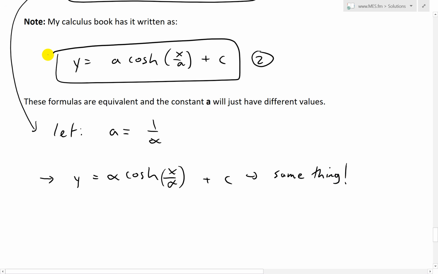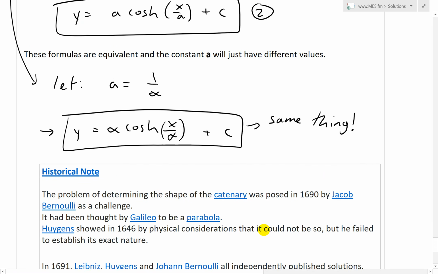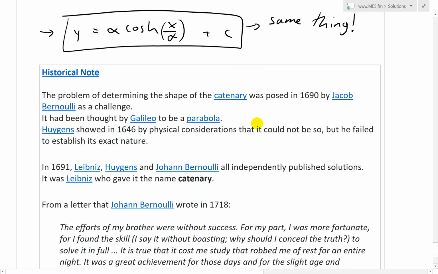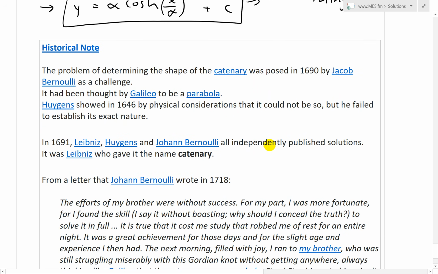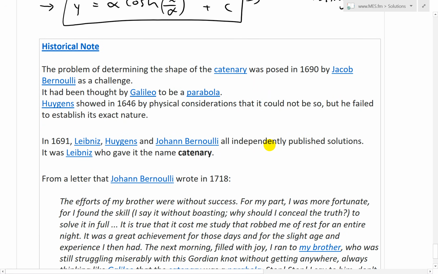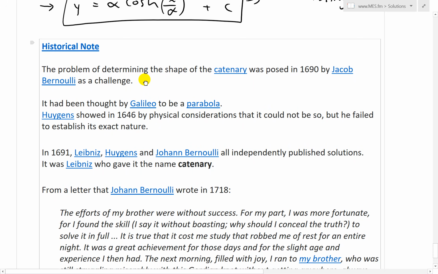Now I just want to go over a brief historical note, a pretty interesting history behind the catenary according to that website that I referenced in this proof. The problem of determining the shape of the catenary was posed in 1690 by Jacob Bernoulli as a challenge.